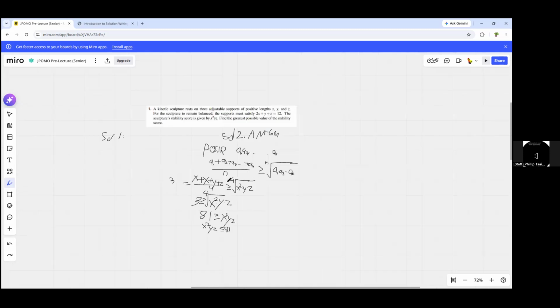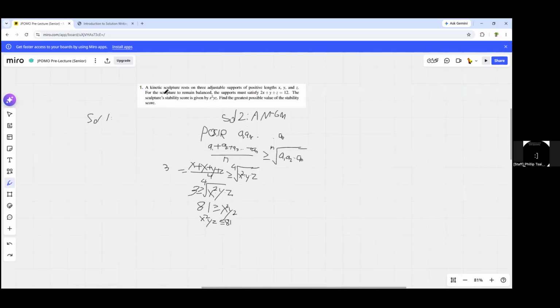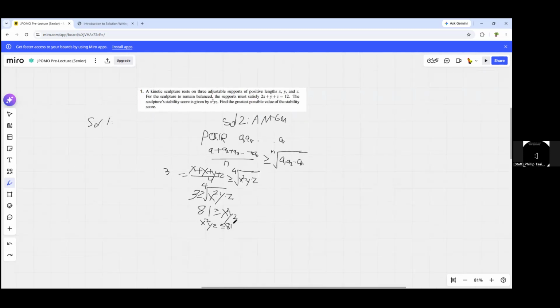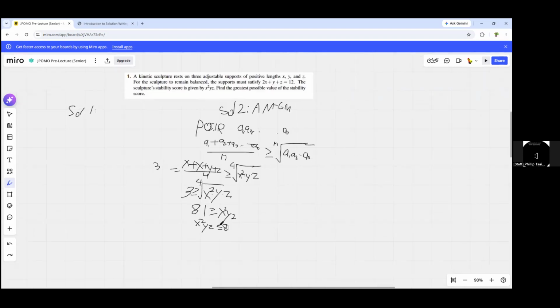We're not done yet because we don't know if there are actual values of x for which the upper bound 81 can actually be achieved. So we need to check for values of x, y, and z that satisfy it.